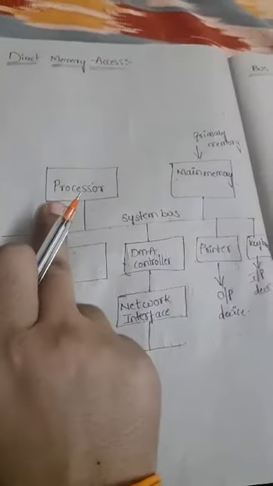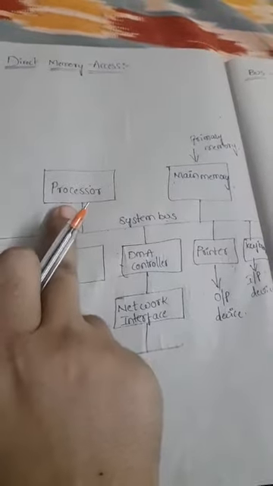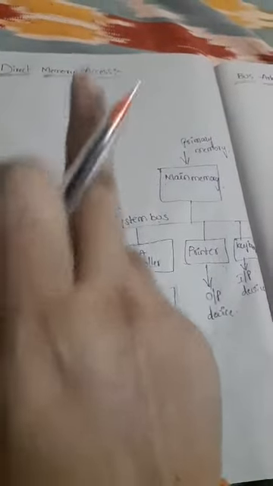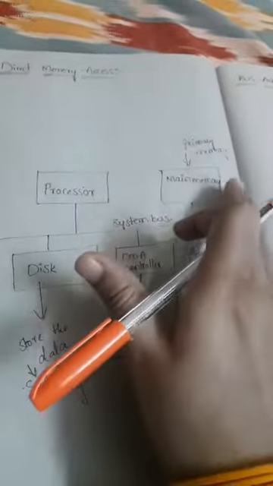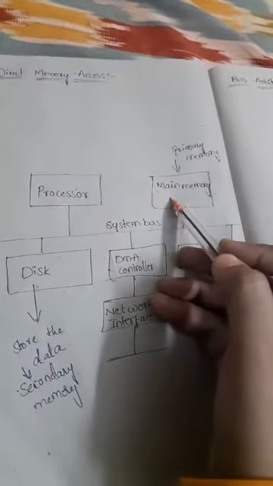Once the processor gives permission, only then will it issue a control signal, that is a request signal, to the main memory. That means it can send one request signal to the main memory.